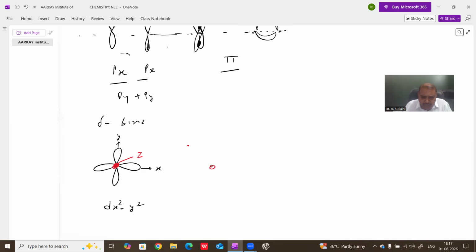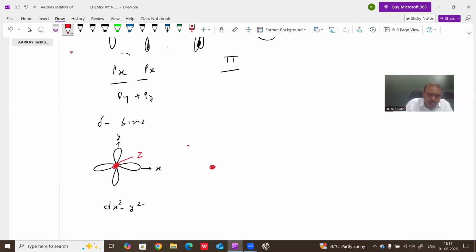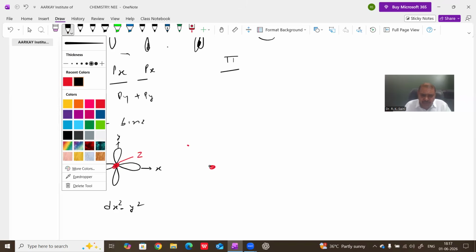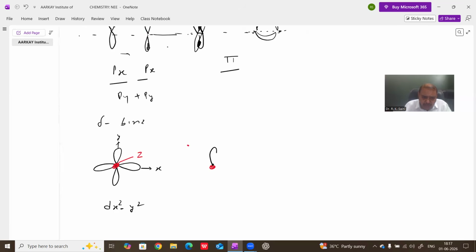Another d orbital along the z axis overlaps, and hence their four lobes overlap parallel to each other. For example, this lobe overlaps with this lobe. Similarly, this lobe overlaps with this lobe, and the lobes of the x orbital overlap with the x orbital.